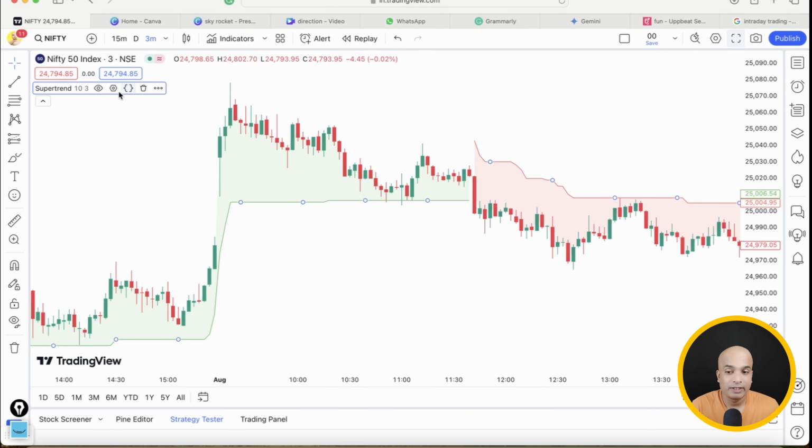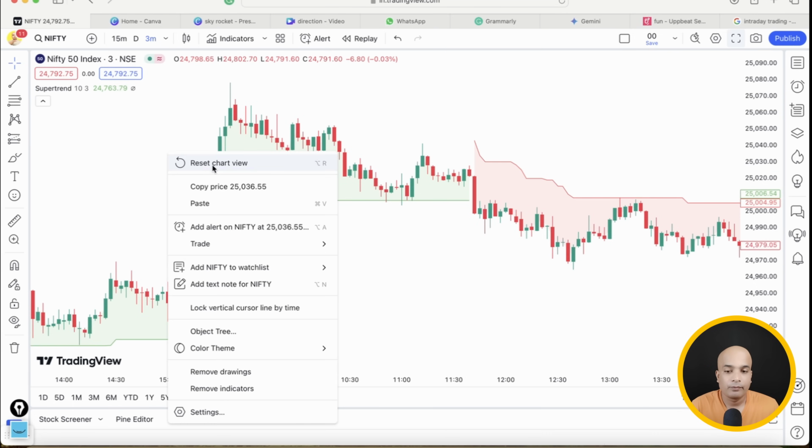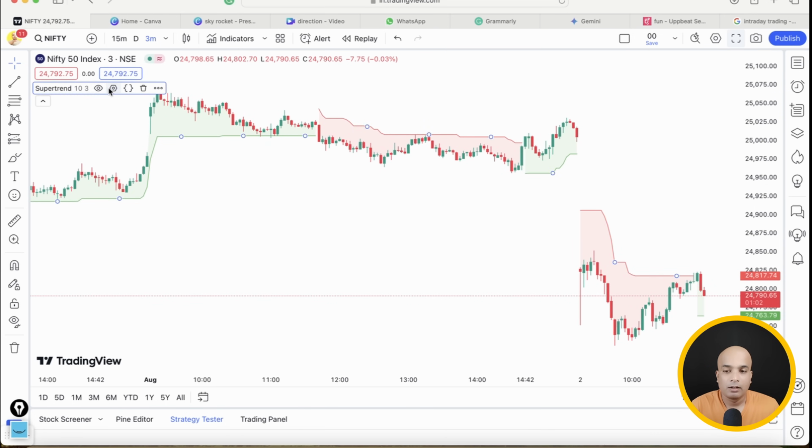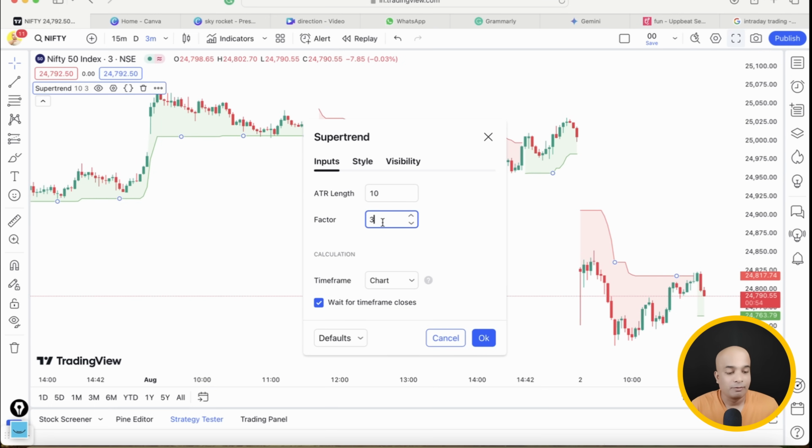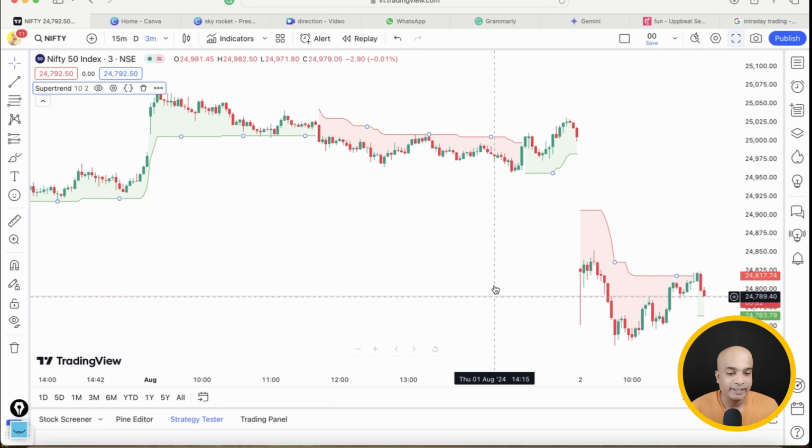I'll go to settings and change this. Let me change this, it is not coming. So they will change the factor to 2 and then use it.